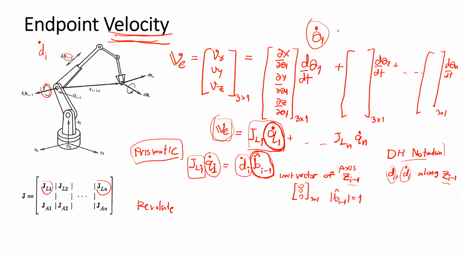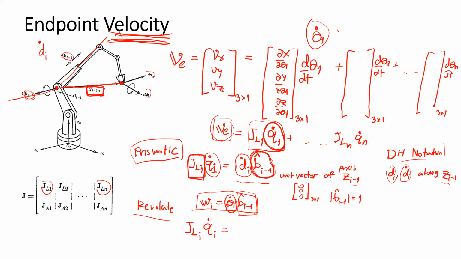But to create the endpoint velocity, the endpoint velocity is omega cross r, and r is the vector measured from the axis i minus 1 to the endpoint.